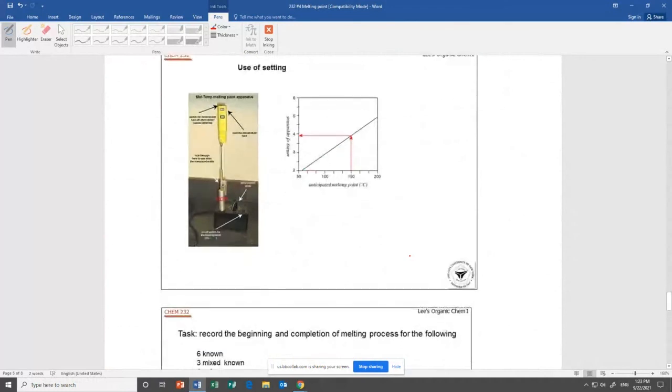We got some of these digital thermometers, and we have some different units, completely different units, much more advanced than this one. We don't have enough devices, but when you are taking the Orgo 2 in-person class, almost every lab you have to measure melting point.